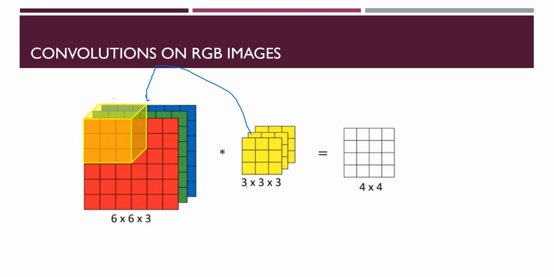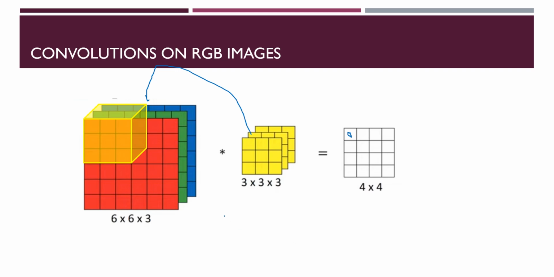Once you perform those multiplications, you will get 27 such values. You add them, 3 by 3 by 3, that is 27. So you add them up and you get one value, and that value will be this value.